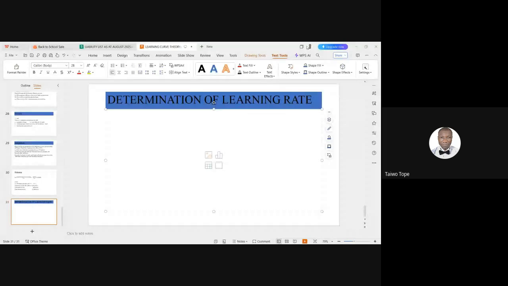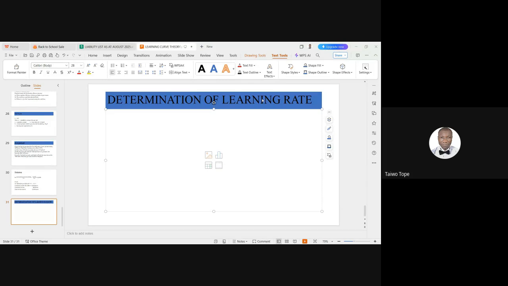So I said the learning rate shows the percentage by which the average time or cost, sometimes it will not always be the time. It can be cost, because the less time you use in production, the less cost you will incur in terms of labor rates.